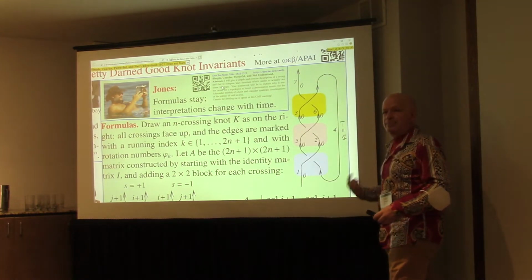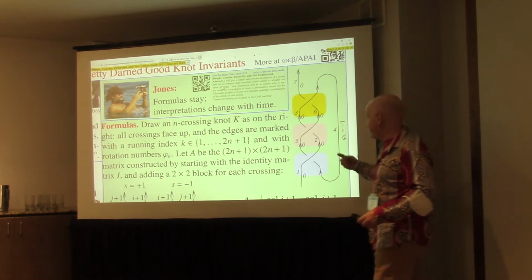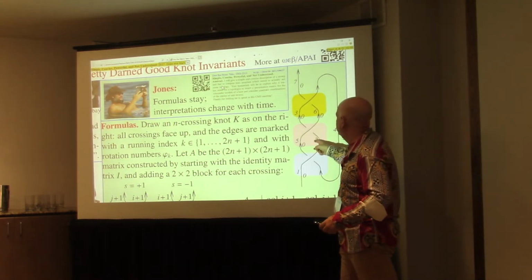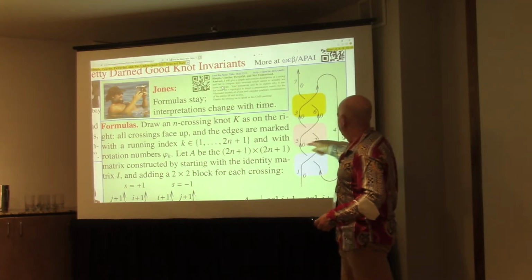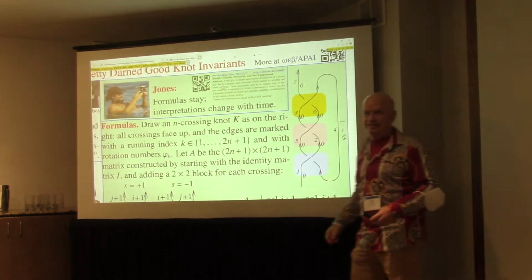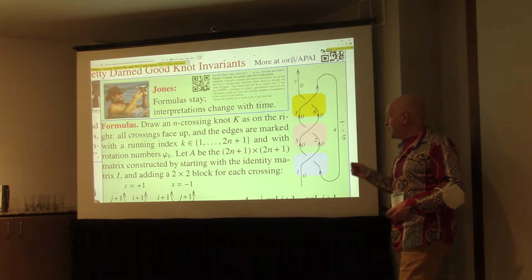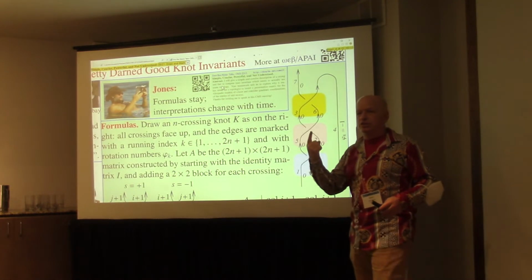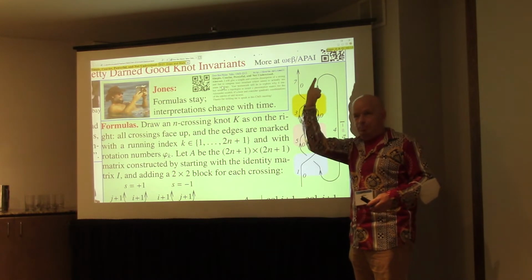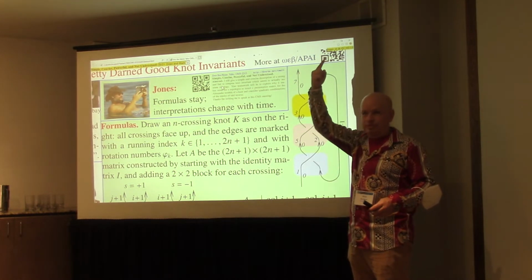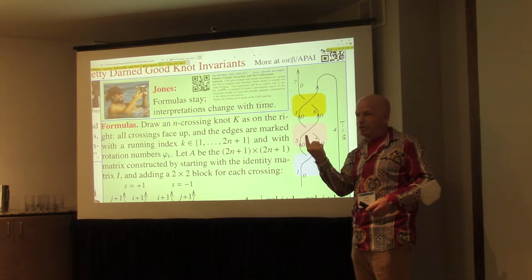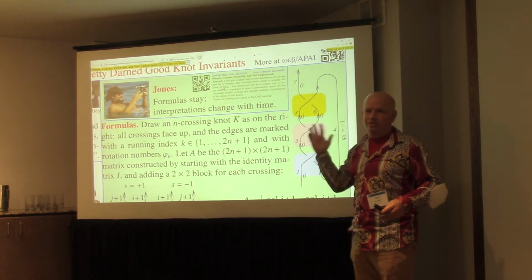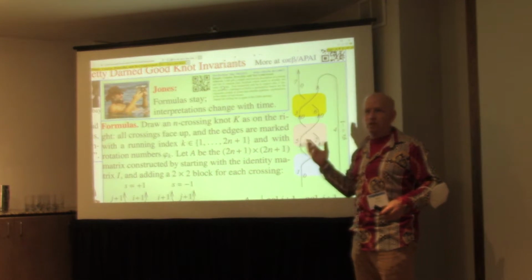And you also label it with two labels. Every edge gets a sequential label: 1, 2, 3, 4, 5, 6, 7 in this case. And each edge is also labeled with its rotation number. Each edge starts pointing up and ends pointing up, but in between it could rotate a number of times, and you label it with the number of times it rotates counterclockwise.